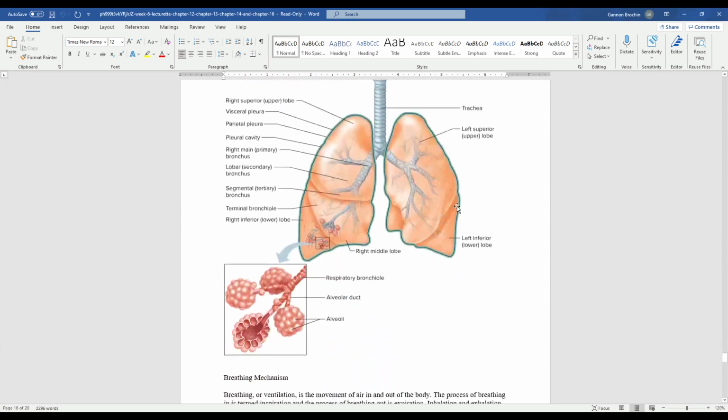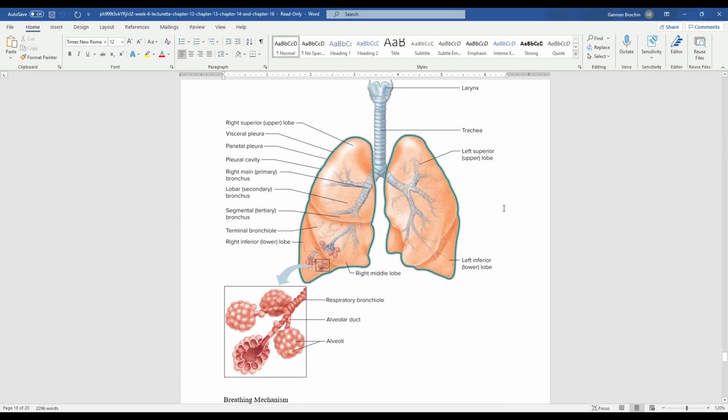As we get down into the lungs, you'll see that there's a split off of the trachea. And these are what you would call the primary bronchi. Okay? The primary bronchi, there is one for each lung.